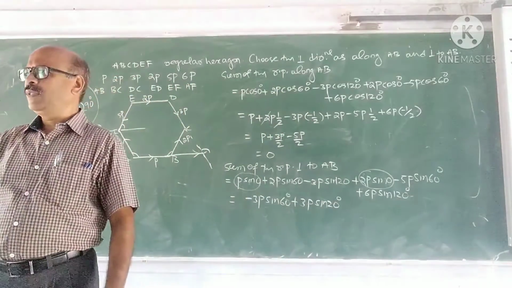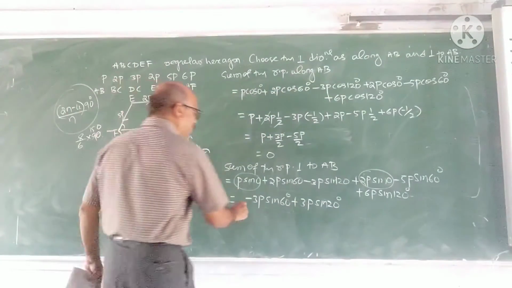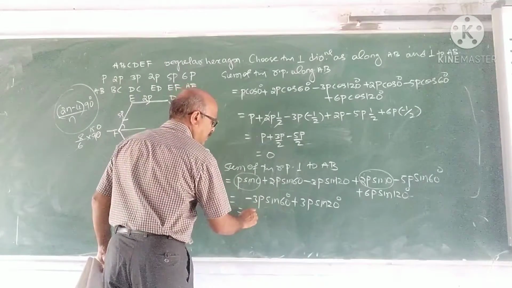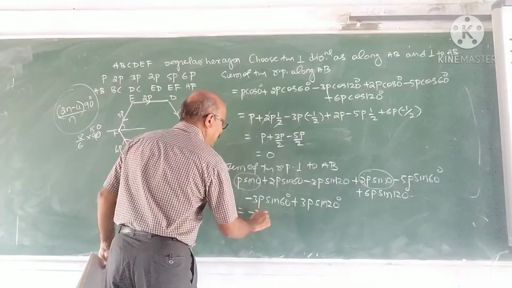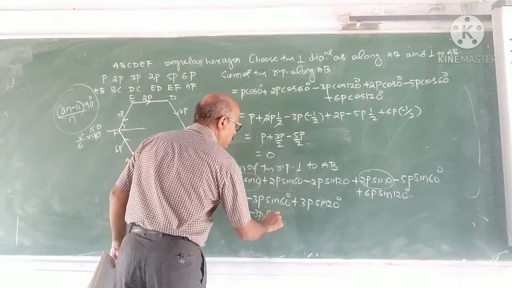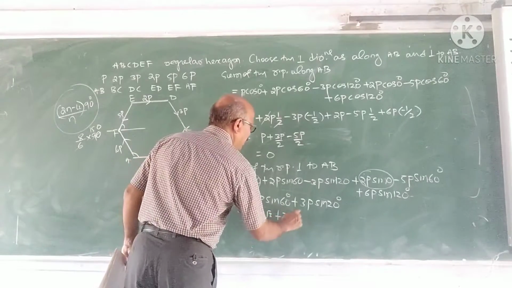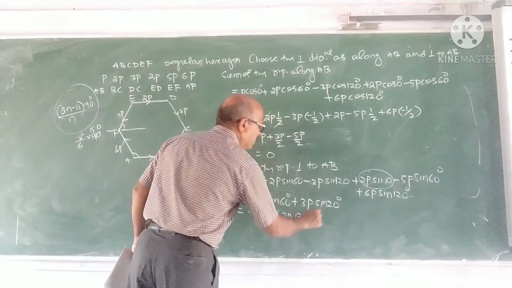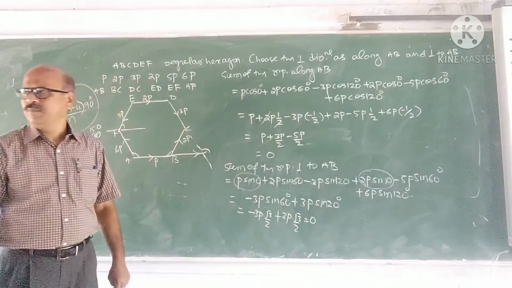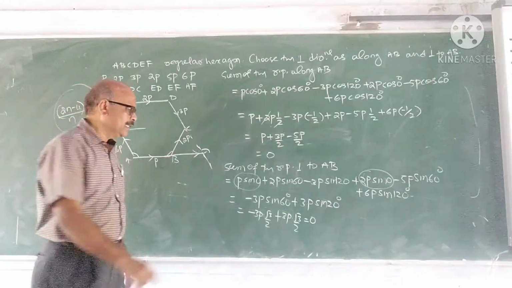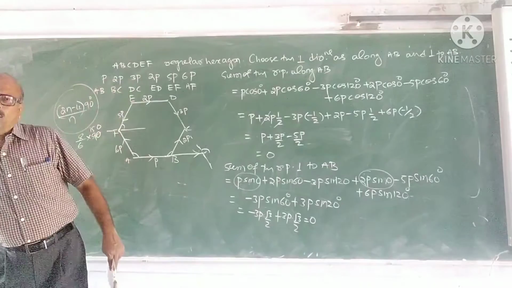But sin 60 and sin 120 are the same, so it is minus 3P root 3 by 2 plus 3P root 3 by 2. Sin 120 is the same as sin 60. Again it is 0.